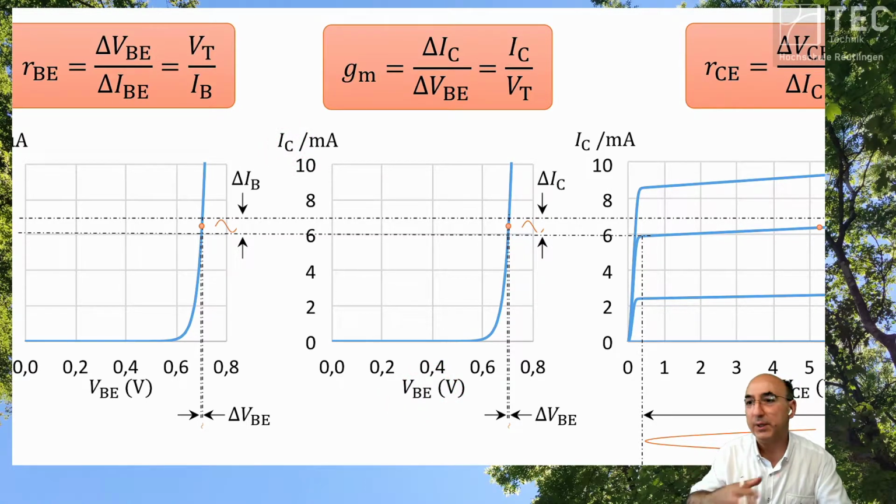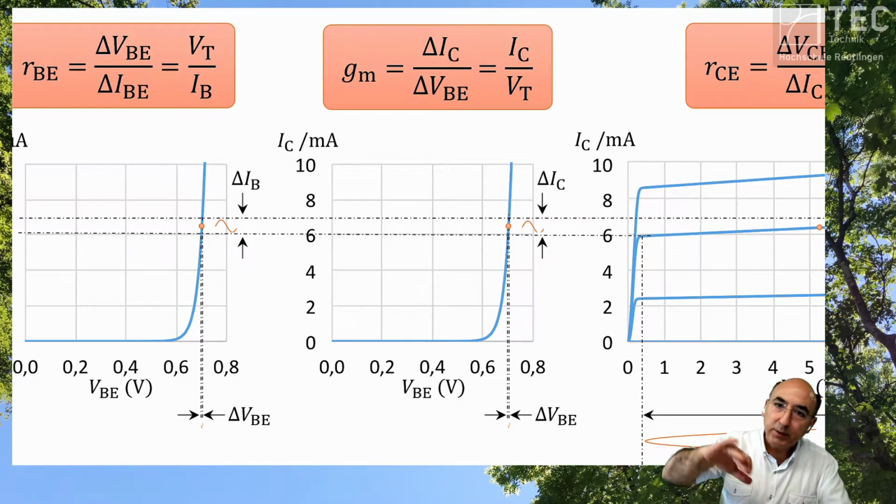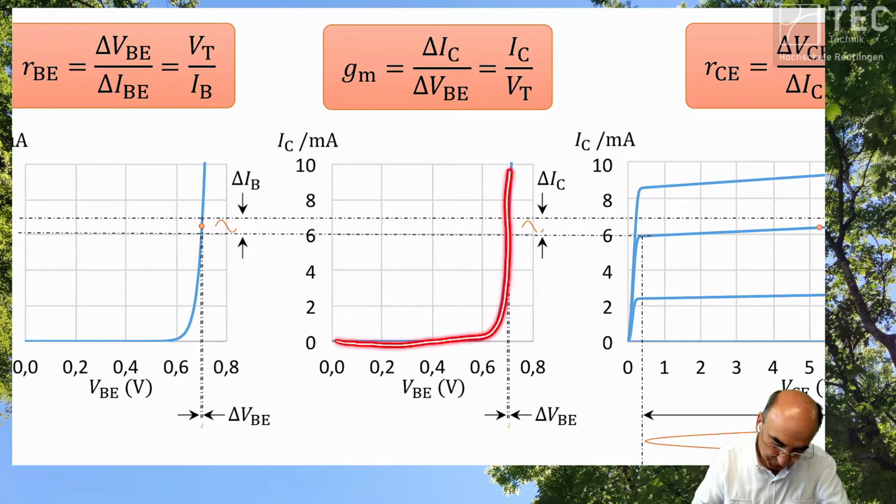And now you can interchange the vocabularies. For collector, you can say drain. Base emitter, you can say gate source. But basically, it is the same characteristics with different curvature. And for the bipolar transistor, we have an exponential one.